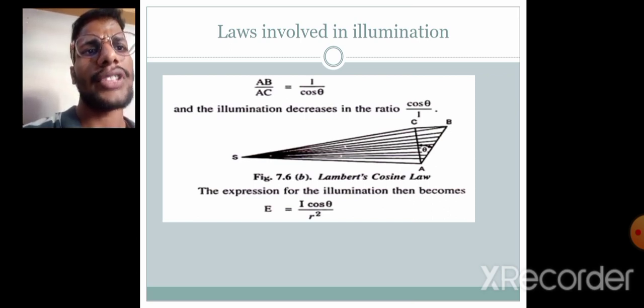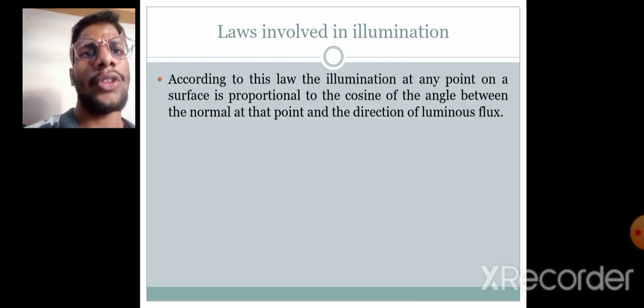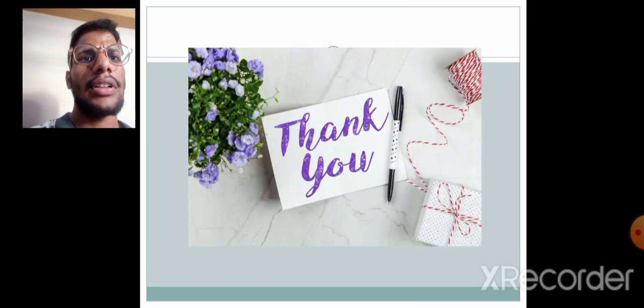S is the source, and B and C are the places which are illuminated by the light. According to this law, the illumination at any point on a surface is directly proportional to the cosine of the angle between the normal at the point and the direction of the luminous flux. Thank you.